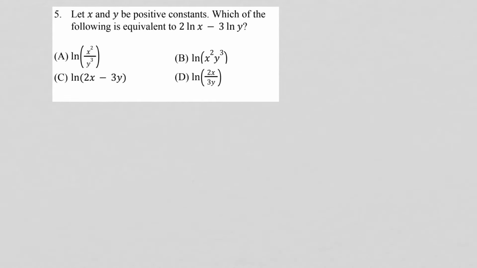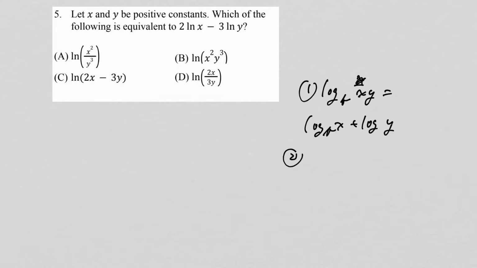Number 5, let x and y be positive constants. Which of the following is equivalent? So there are a couple of log rules for combining logs, manipulating them. Those 3 log rules are: log of x times y can be written as log x plus log y.